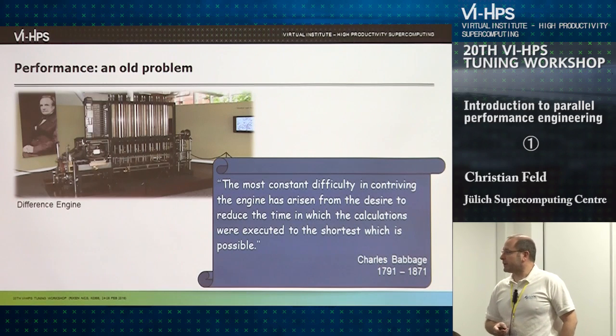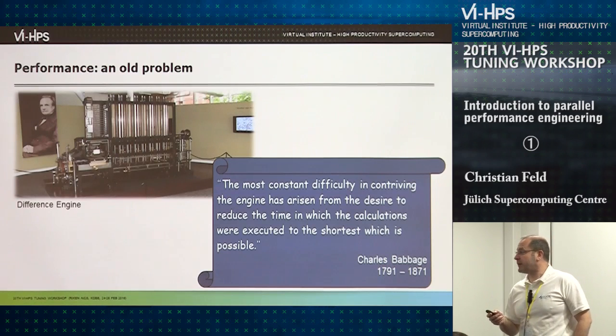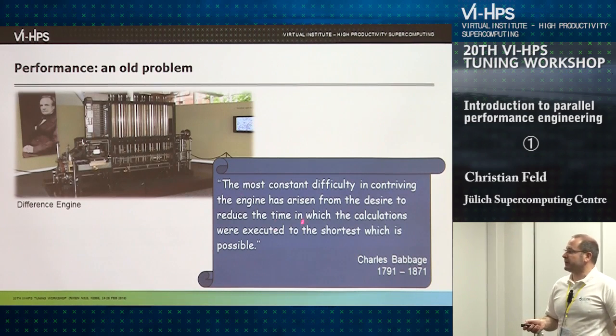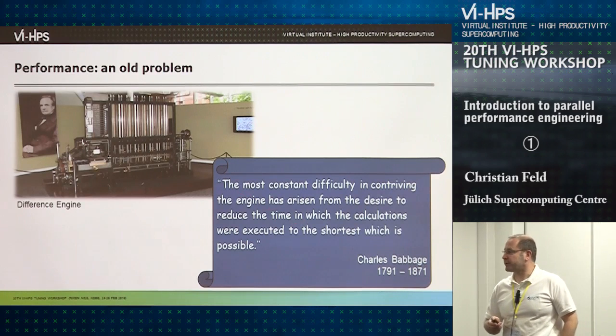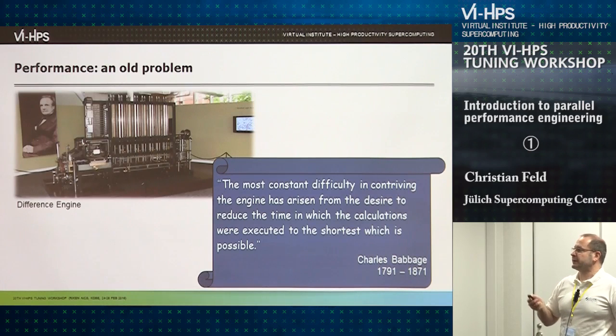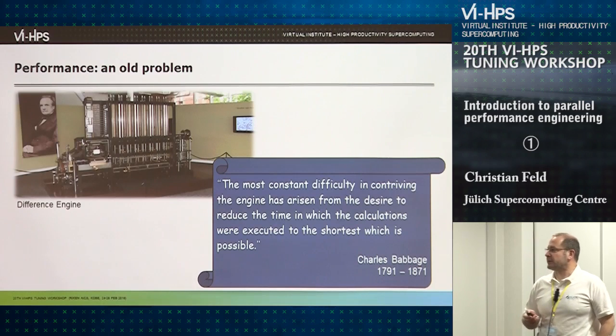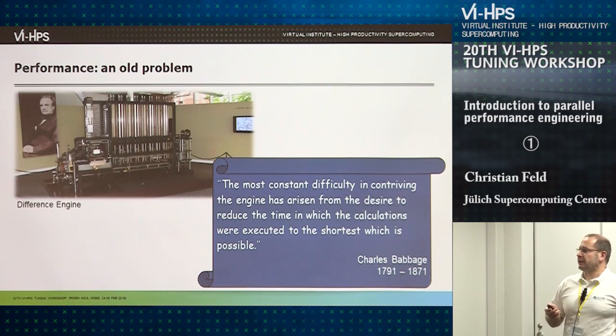"The most constant difficulty in contriving the engine has arisen from the desire to reduce the time in which the calculations were executed to the shortest which is possible." So here he has the metric time as his most important metric, and this also drove his design to what in the end was the difference engine. Unfortunately, he didn't succeed in building this engine, but I think in the last century there was a successful build of this machine.